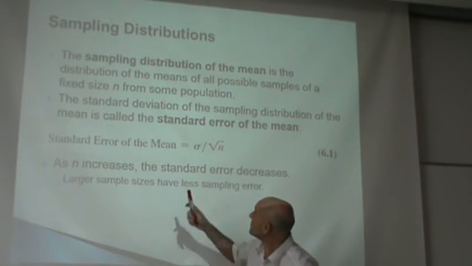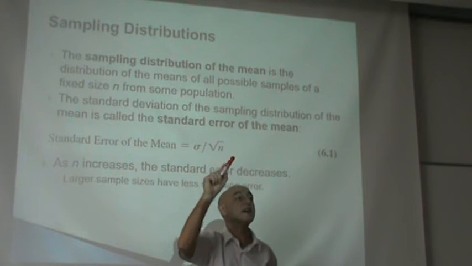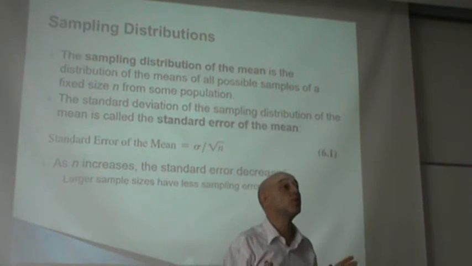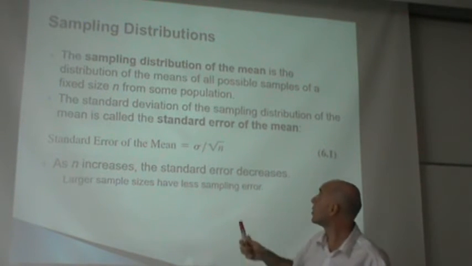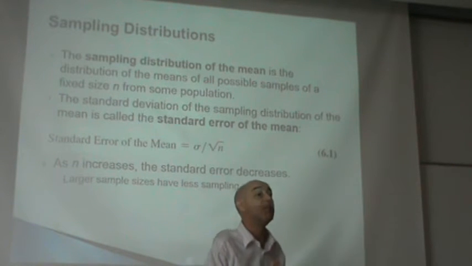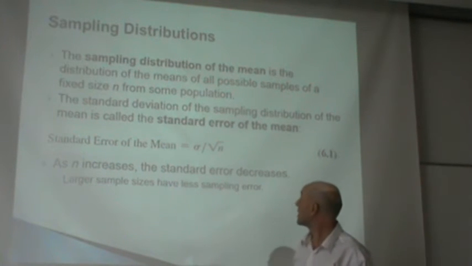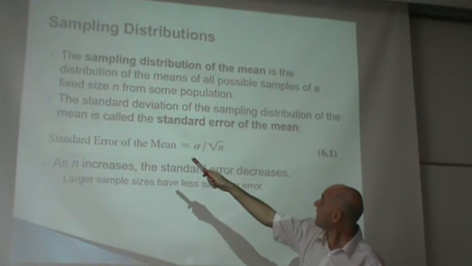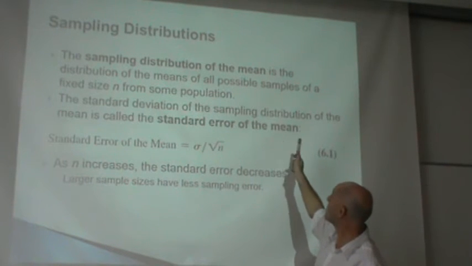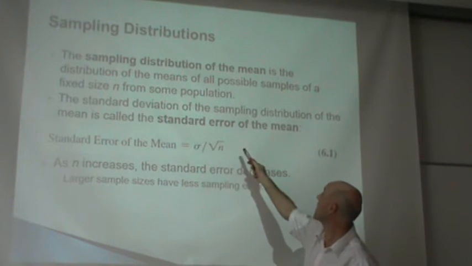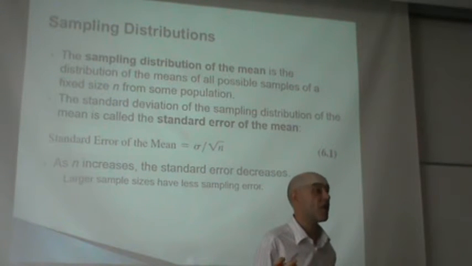So you get the shape. Usually the shape will look like a bell curve. And the standard deviation of the sampling distribution is called the standard error.